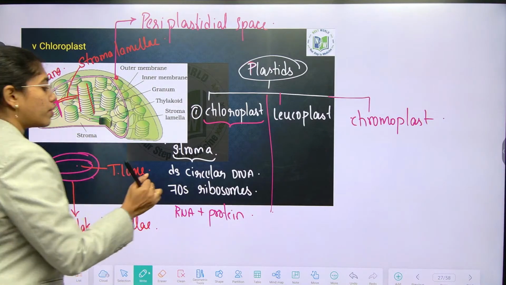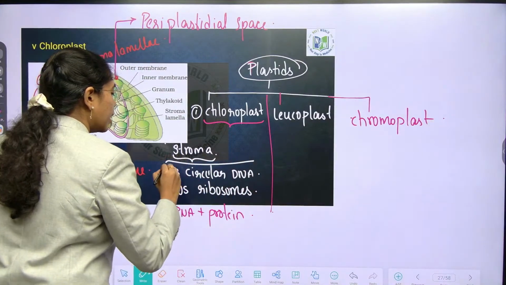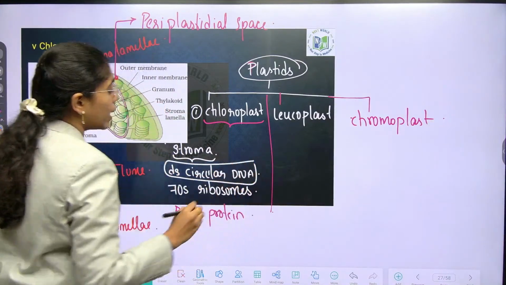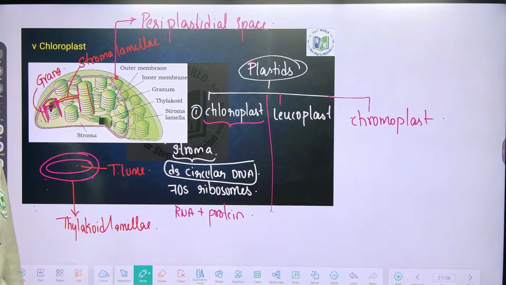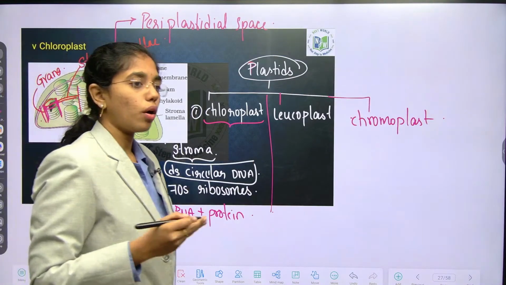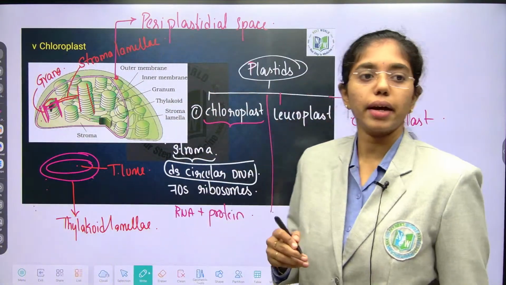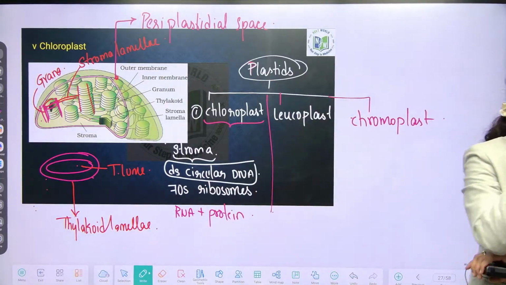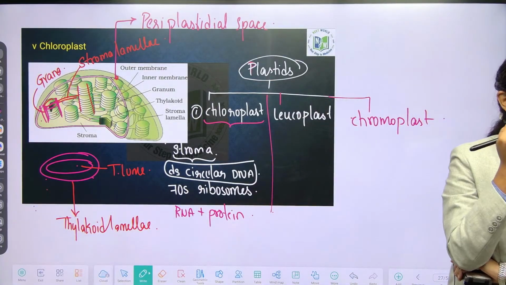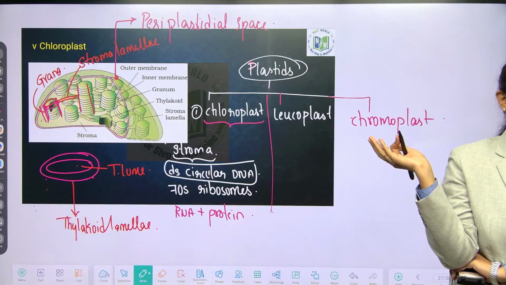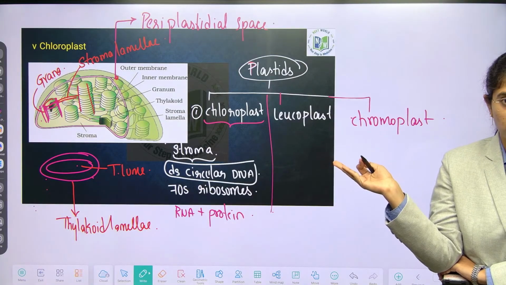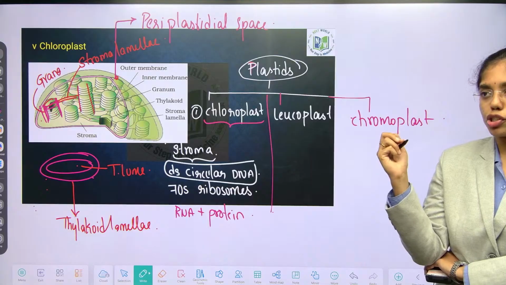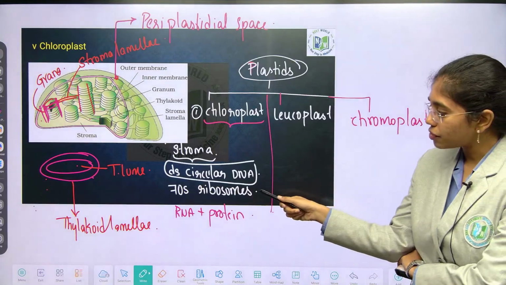What is the role of this double stranded circular DNA which is present both in chloroplast and mitochondria? Chloroplast and mitochondria share the traits of prokaryotic cells: they multiply by binary fission, and they have 70S ribosomes.